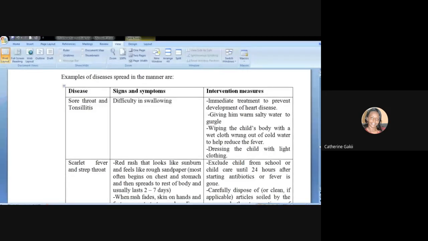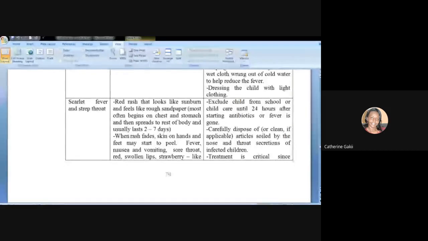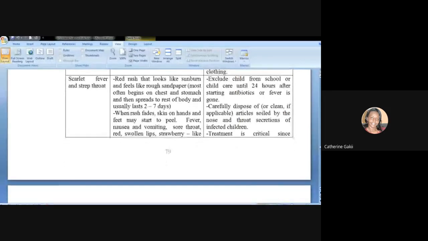Then we have scarlet fever and strep throat. When a child has scarlet fever and strep throat, this is what we observe. One, the child will have a red rash, not just any rash.